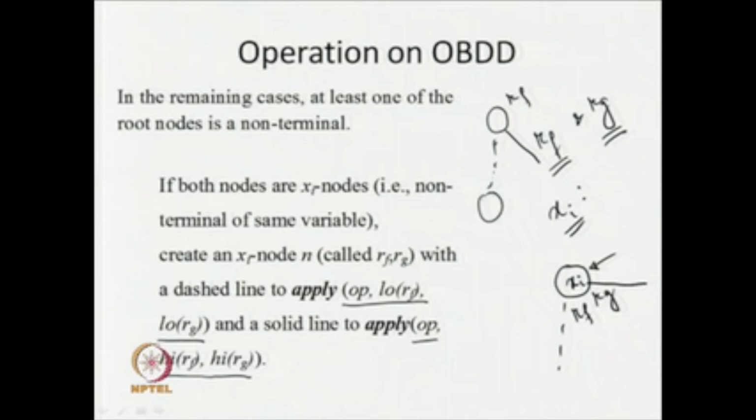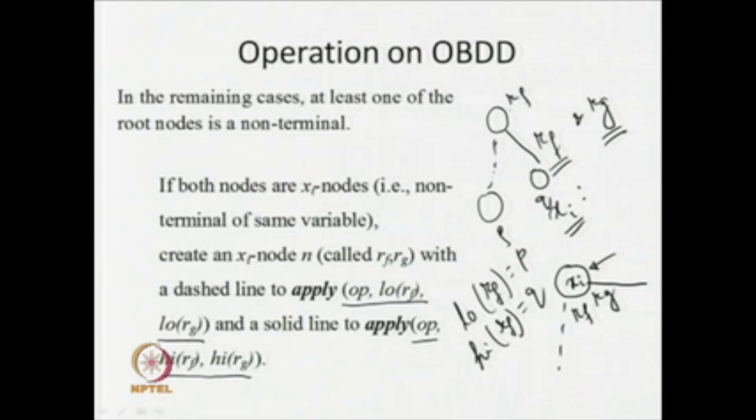One is your low RF and second one is your high RF. What will it return? Basically, it will return the nodes that are pointed by the dashed line. In case of LO, say this is my P Q, that means LO RF will return P and HI RF will return Q.